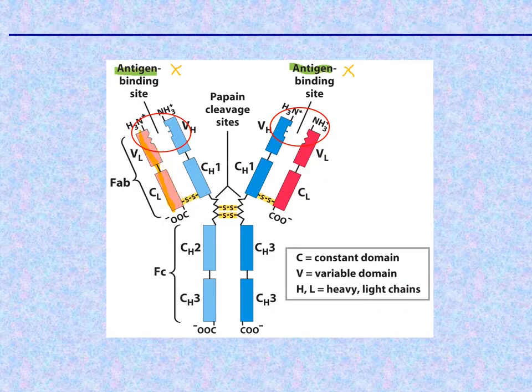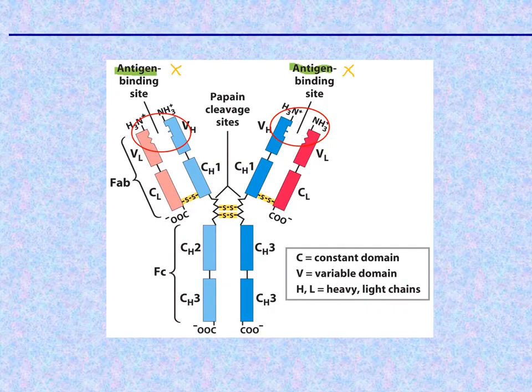Now I think what I'd like you to look at here is the fact that from one antibody molecule to another, produced by totally different B cells out of the bone marrow, you will have these two heavy chains, and they have areas or domains in them that are constant.